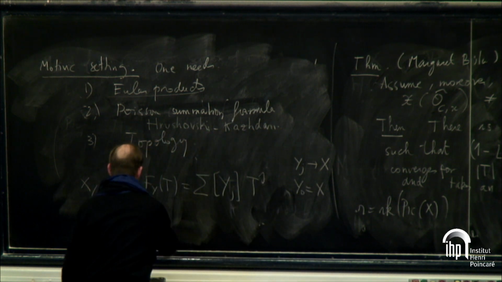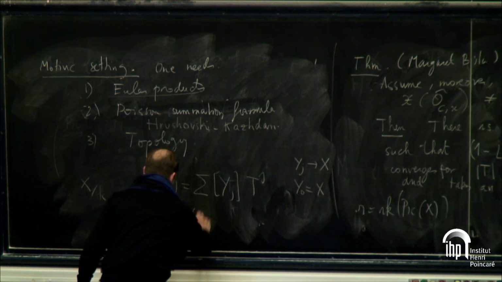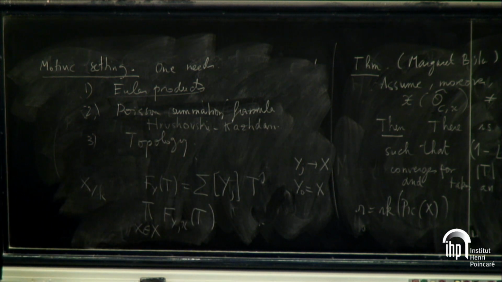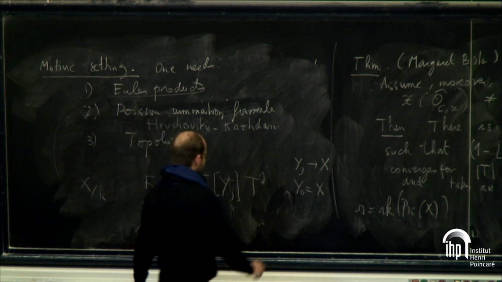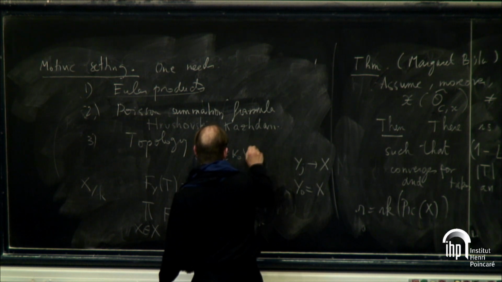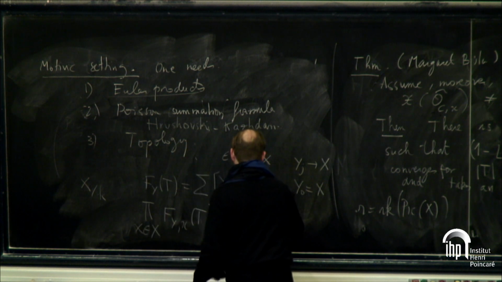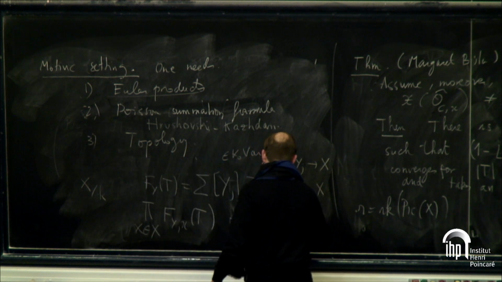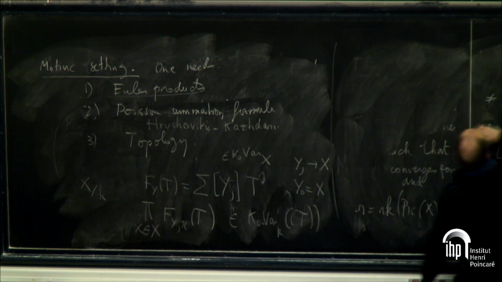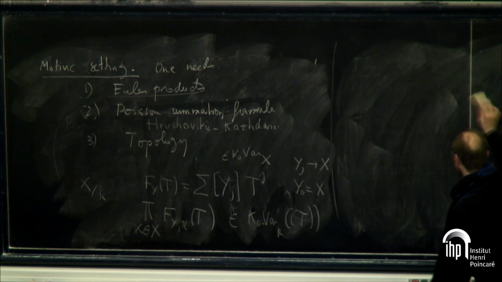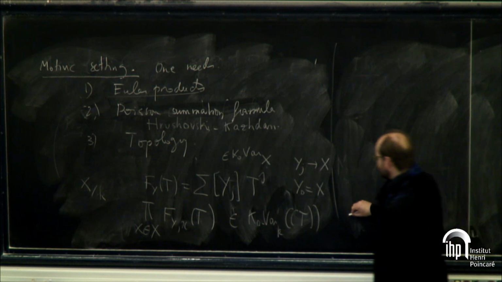And so she defines products over all x in X of F_Y,x(t). So it's a kind of Euler product of series with coefficients in Grothendieck rings. So this belongs to K_0 Grothendieck rings relative to big X, and this will belong to K_0 over K. And the definition she gives, and then I will stop.